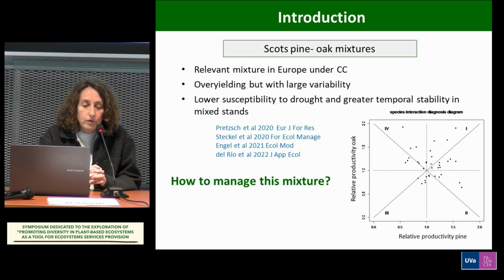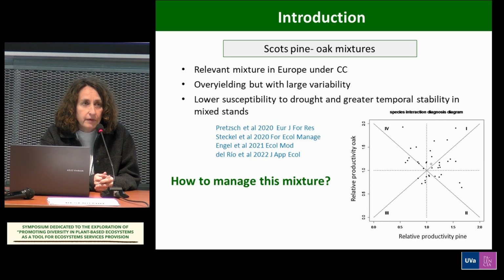But we also found, using this transect, that the susceptibility to drought was lower in the mixture than in the pure, and that the temporal stability of productivity was greater in the mix than in the pure. So we have some benefits when we mix these two species.